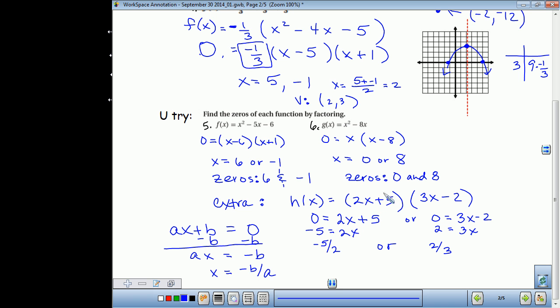So you can go straight to the answer: the opposite of the constant divided by the coefficient. Negative 5 halves, isn't that what I got? Positive 2/3, isn't that what I got? You ought to be able to do this thought process in your head.